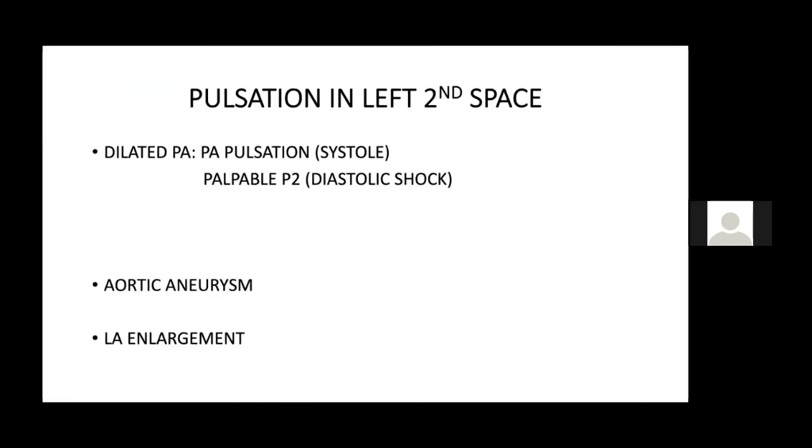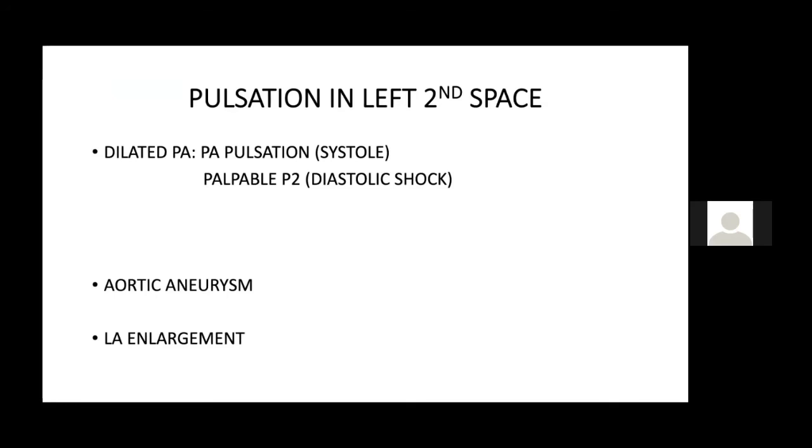Now coming to the pulsations in the left second intercostal space, as I have told you, just revise that it always suggests a dilated pulmonary artery, and pulmonary artery pulsations can be in systole. However, a palpable P2, which is also known as a diastolic shock, is found in patients with severe pulmonary arterial hypertension.